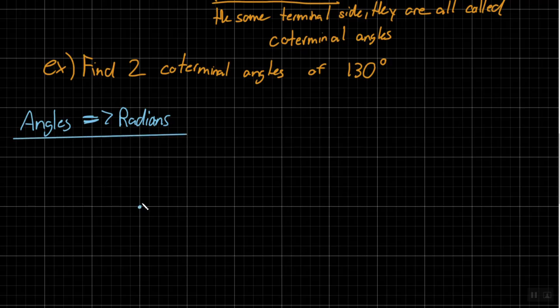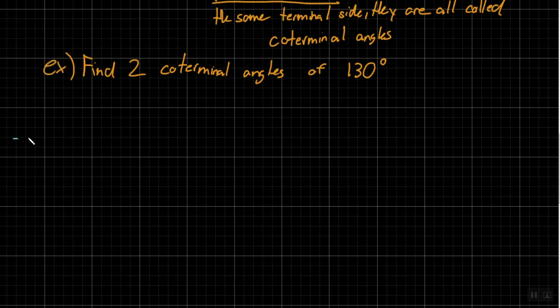So I'm going to start with my normal circle as before. Let's go back. We're going from degrees to radians.